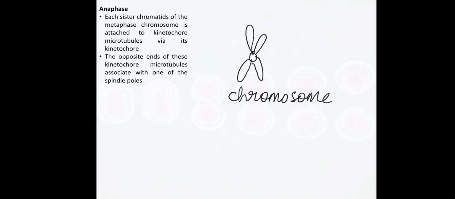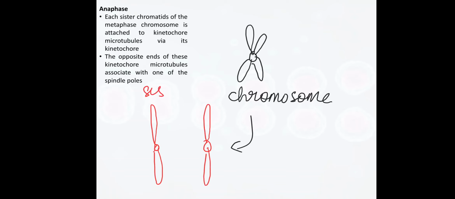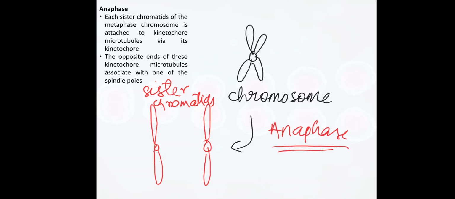When this chromosome becomes sister chromatids, sister chromatids is this. This is separated. Chromosome is separated into sister chromatids by anaphase.